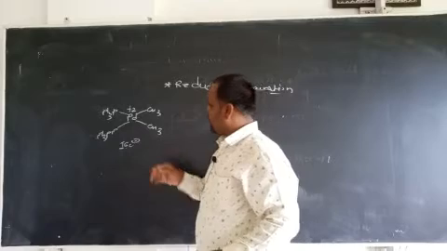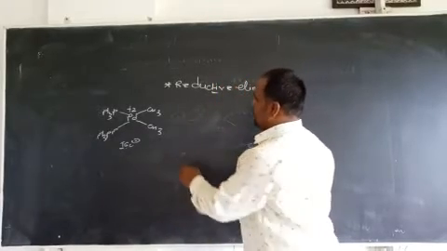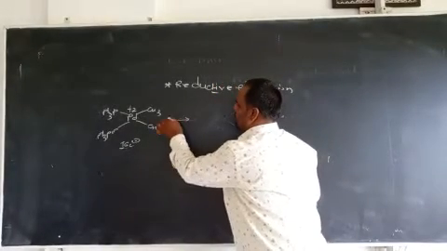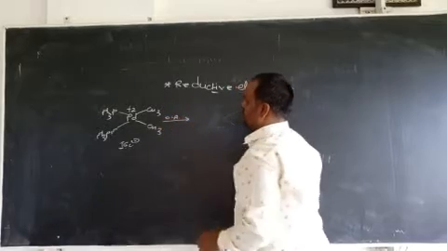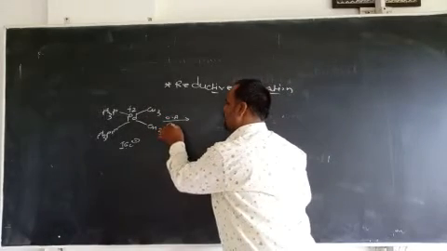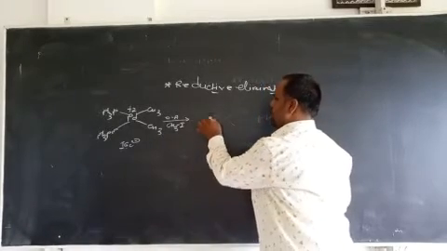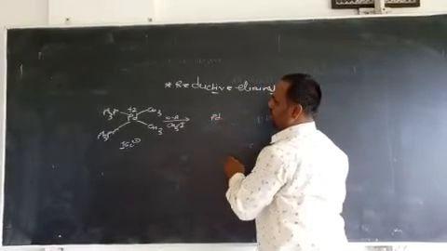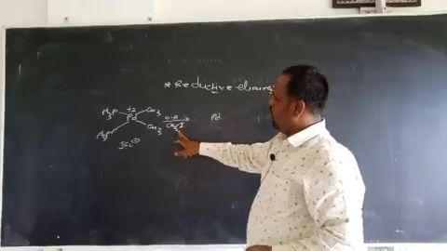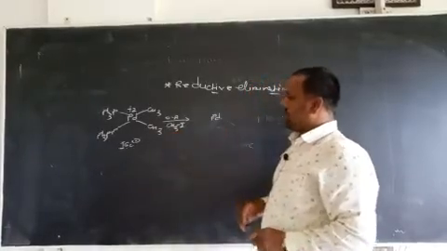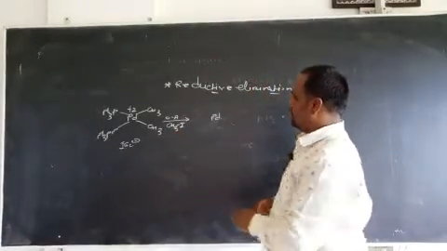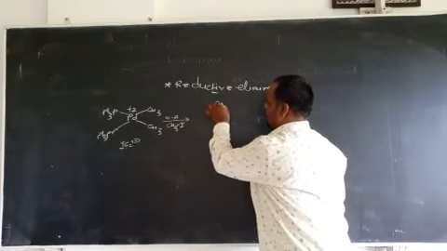It is a 16 electron species, which on oxidative addition in presence of CH3I, it will give Pd. This is a non-polar, this is a polar species. Methyl iodide is a polar species, so we get a trans product in this reaction.